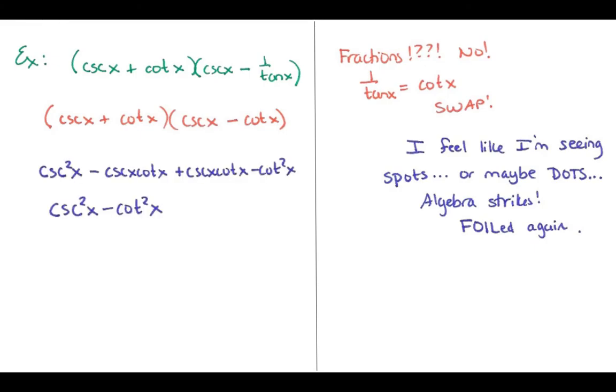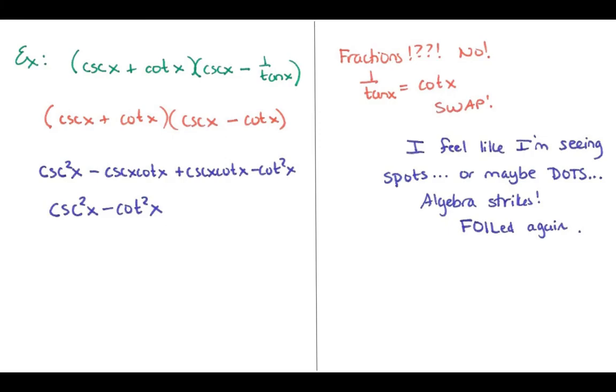Anything I can do with algebra, like x and y, I can do with quantities like cosecant and cotangent. So I take those parentheses and I multiply them out. Now I'm able to do that just in a straight line like you see my work. Some people like to put that into that generic rectangle box to multiply. But when I multiply out, the cosecant times cotangent terms end up positive and negative. Those cancel to 0. And I'm left with cosecant squared x minus cotangent squared x.